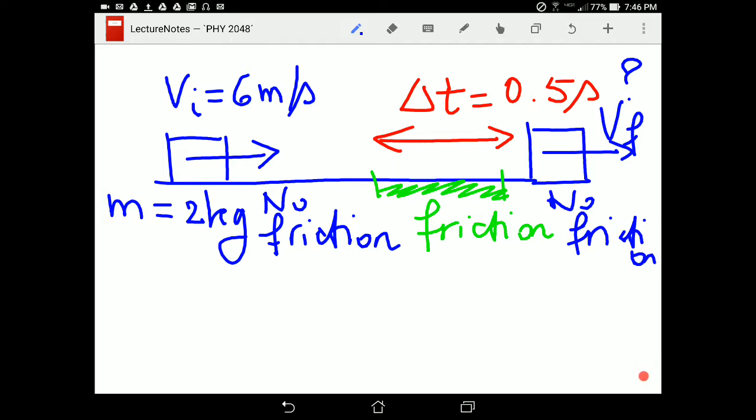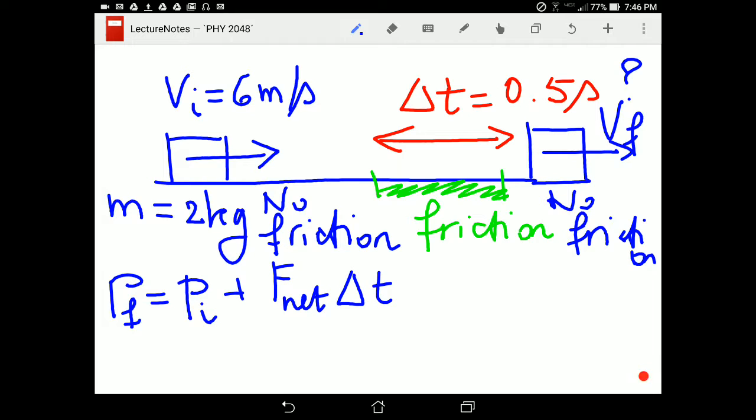Applying what I just talked about, the final momentum is going to be equal to the initial momentum plus the net force multiplied by delta t. So we need to know something about this force.